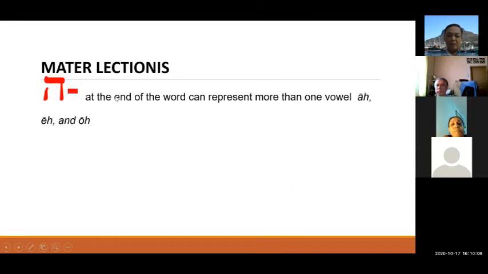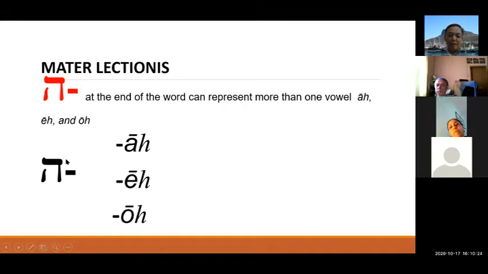Now let's say with the hey at the end of the word, it can be either A, E, or O. So, for example, you have the end of the word, and you got the hey there.